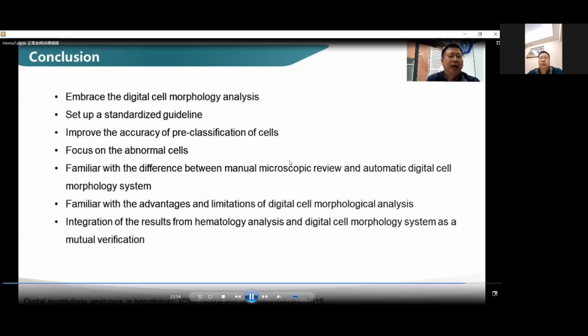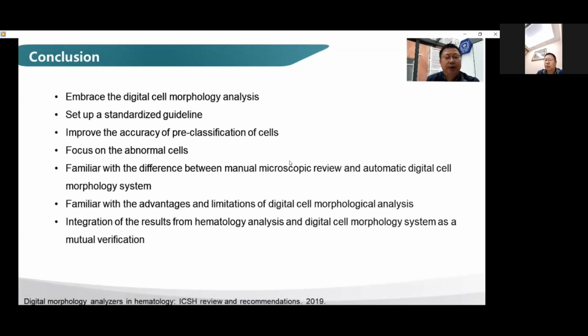And we should also be familiar with the advantages and limitations of the digital cell morphological analyzer, so that we can integrate the result from a hematology analyzer and the digital cell morphology system as a mutual verification. Only in this way can it help us to further improve the quality of our review in clinical settings.